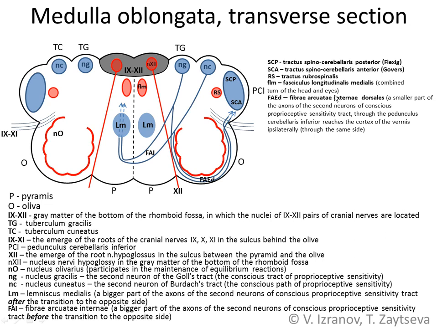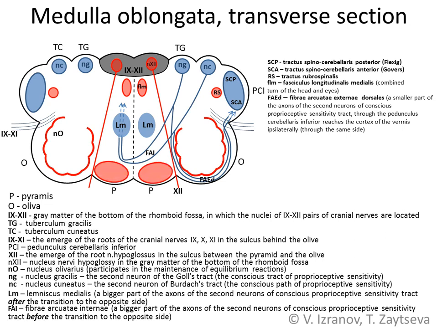Usually, when we turn our head in some direction, we turn our eyes in the same direction. This is a reflex movement, and this fasciculus is responsible for such movements.